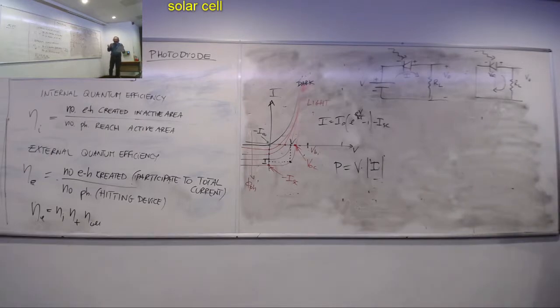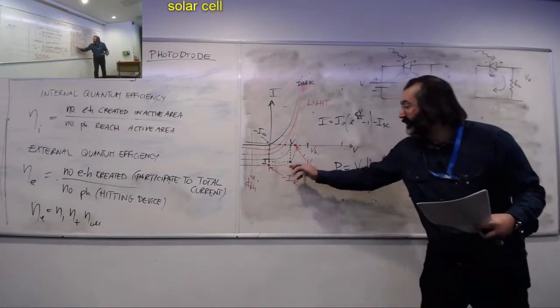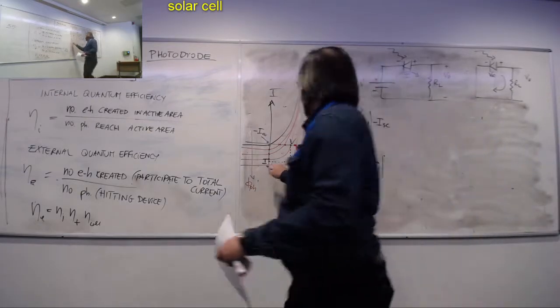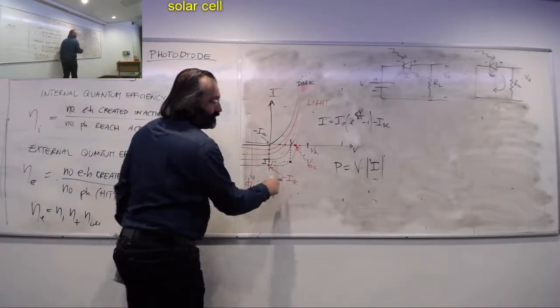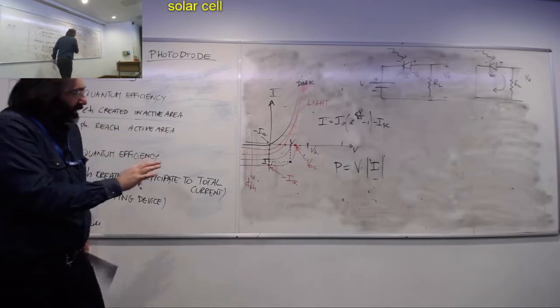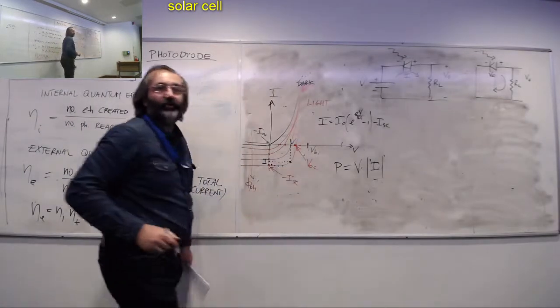How do we maximize this? Well, we need to have the data for that specific, remember, each one of these lines corresponds to a specific ISC, intensity of light being used. So I need to have the specific data points.